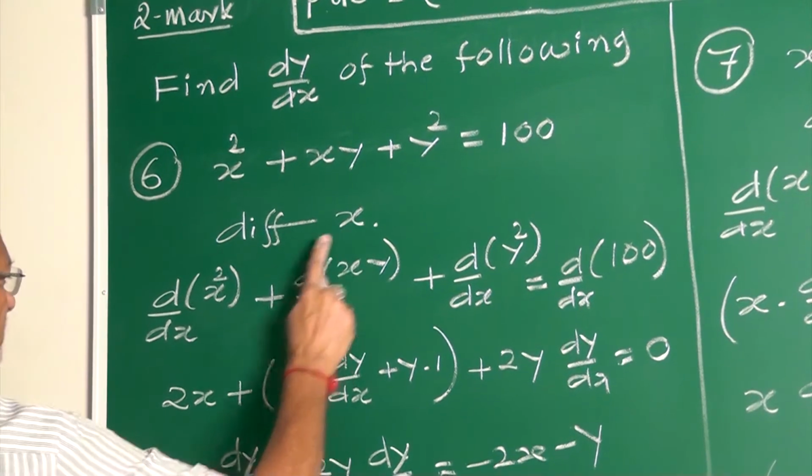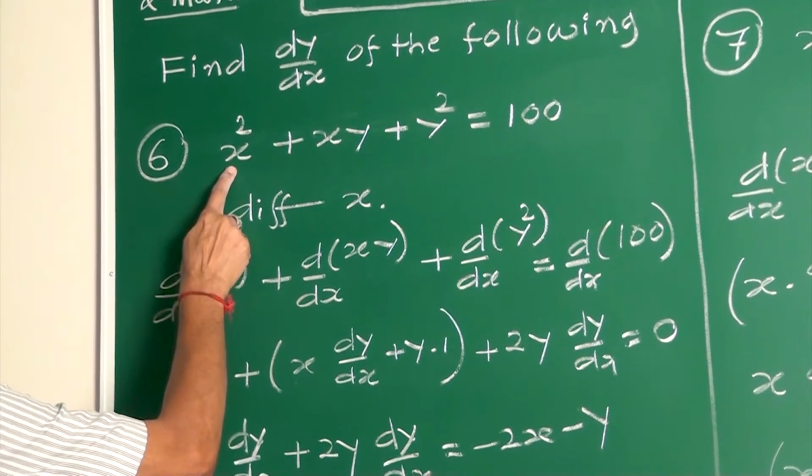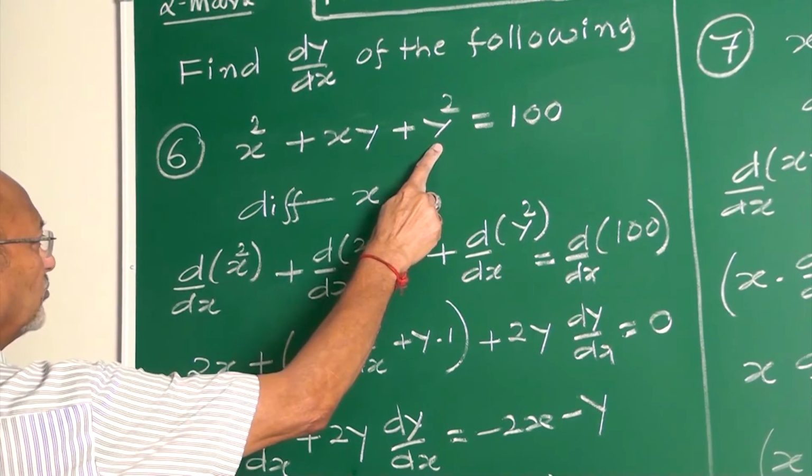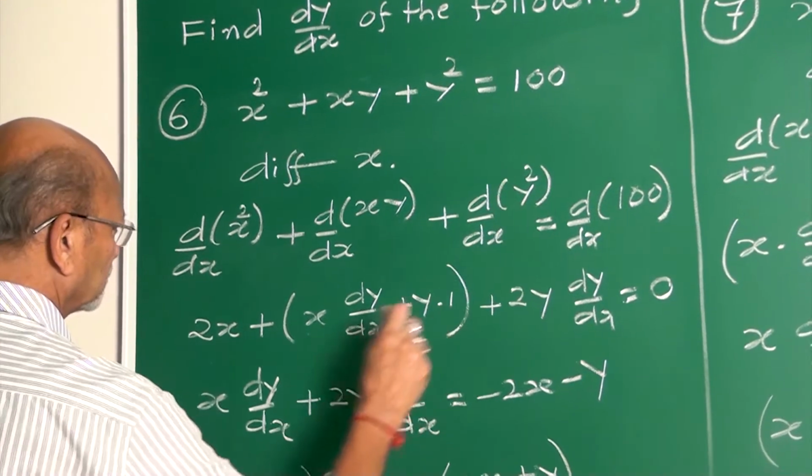Differentiate with respect to x. Step: derivative of first plus derivative of second plus derivative of third equal to derivative of RHS.